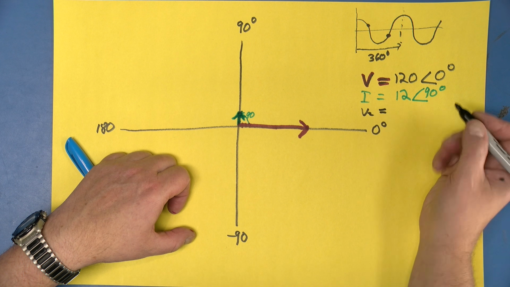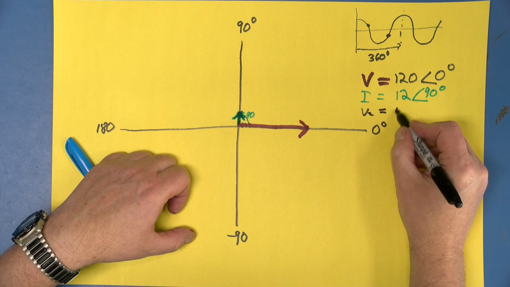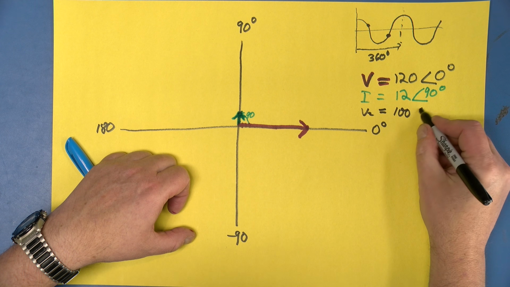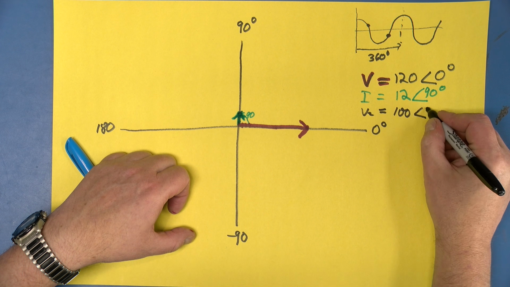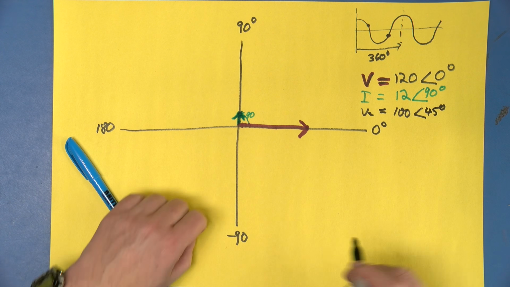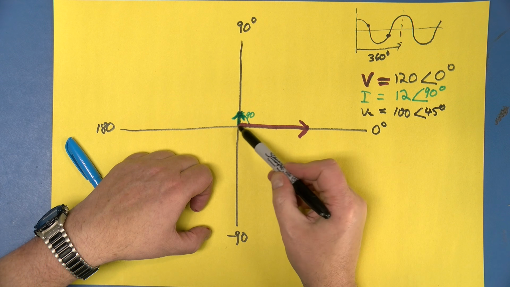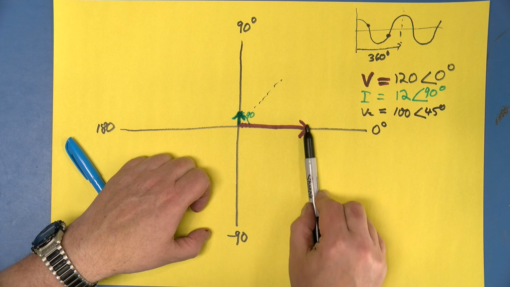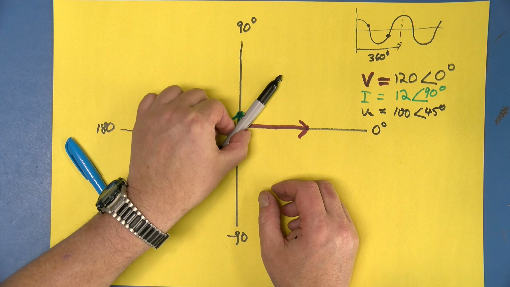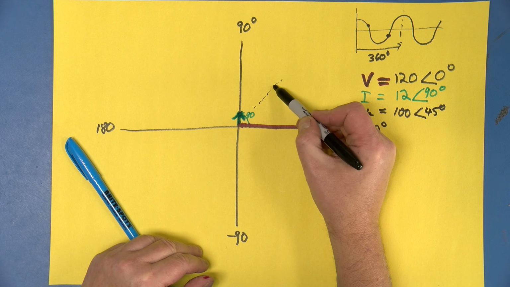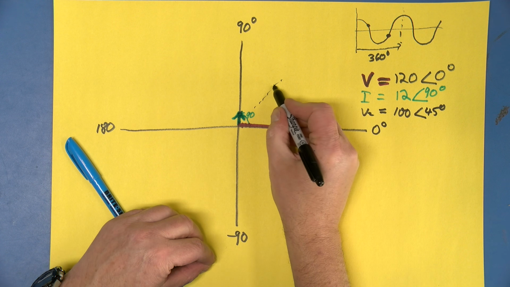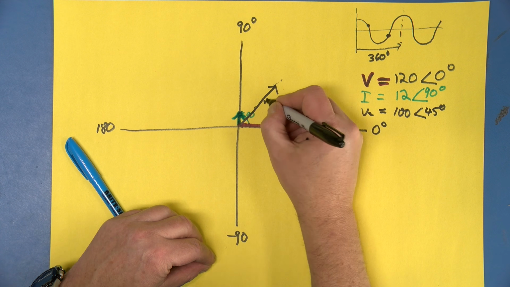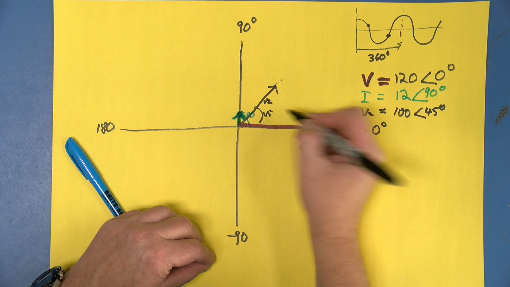And what we will say is it is 100, just so it's a similar size arrow, at an angle of 45 degrees. Well, 45 is somewhere along here. If 120 is here, then 100 is maybe something like that. So this is how we would draw our V2, where this angle is 45.